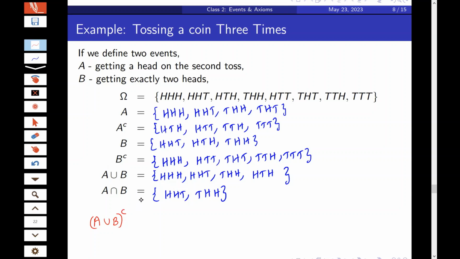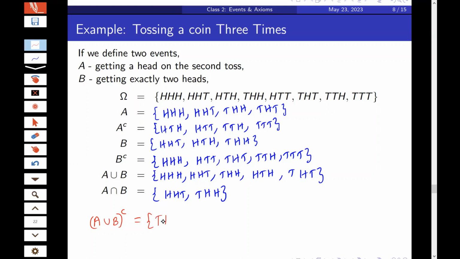You can use De Morgan's law, or you can just use set notation and find the values not in A union B. So find the items in A union B complement, which means all the items not in A union B. HHH is in A union B, HHT is here, THH here, HTH is here, THT is here.